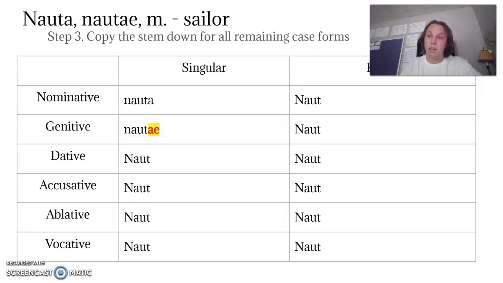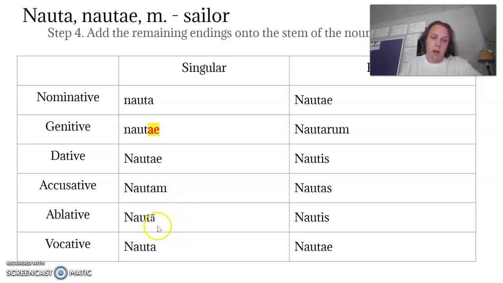So I'm going to go back and consult my declension chart where I see that the endings are ae, ae, arum, is, is. And I'm going to add those on. Boom. Notice the long mark on this A here.